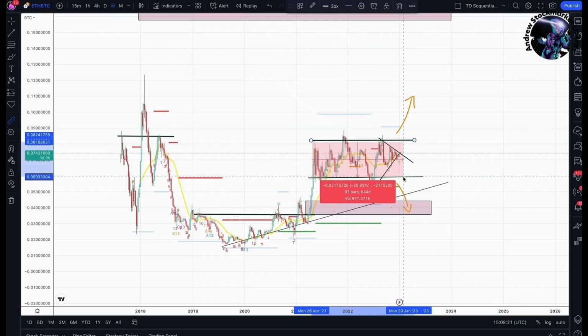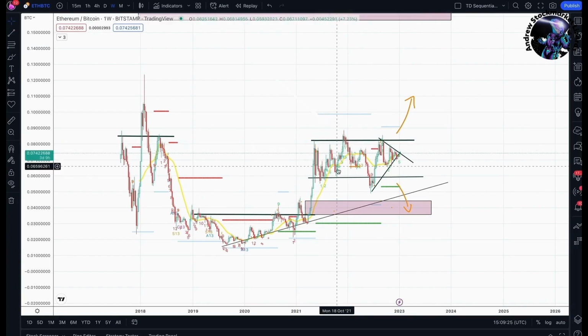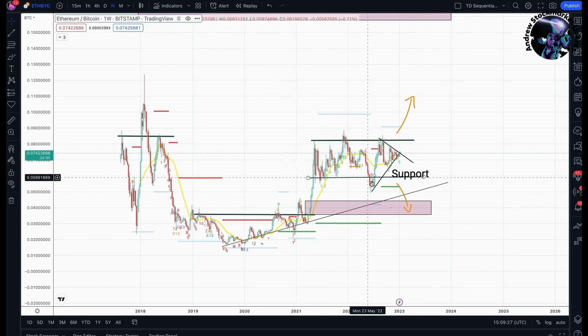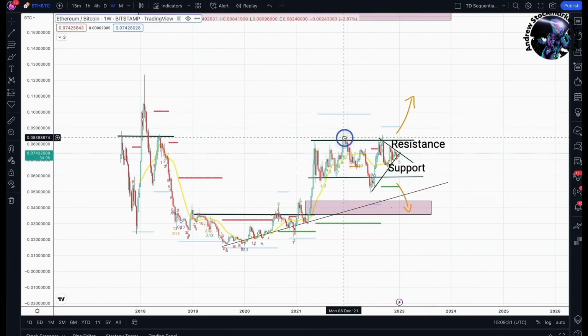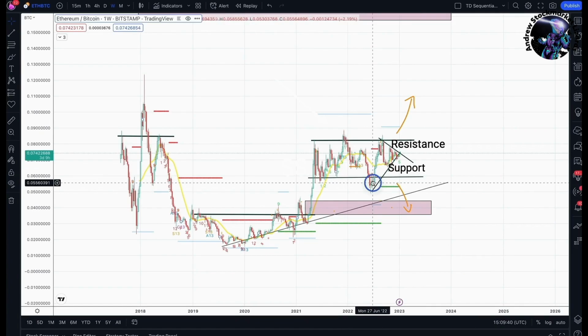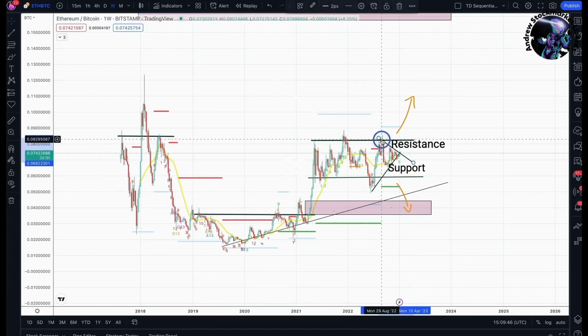What we see now is some form of pennant forming, where if you draw up a support line at this area and a resistance line at this area, you can see that you have a high, lower highs, until we're in a very critical point for Ethereum. If you look at the support line, you have lows and you have higher lows trending up the pennant.